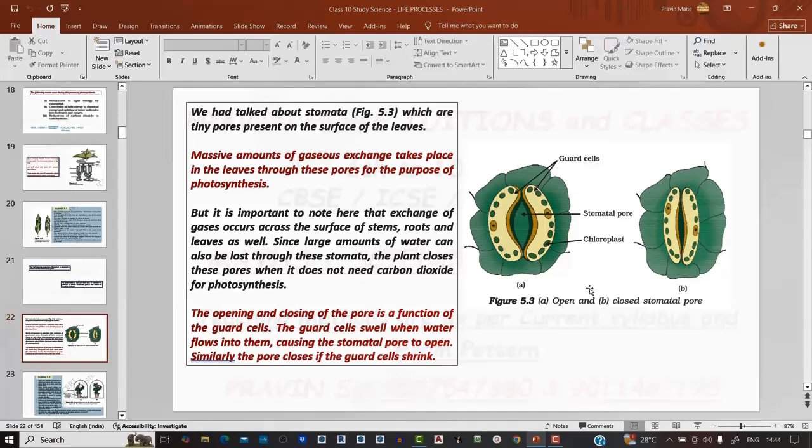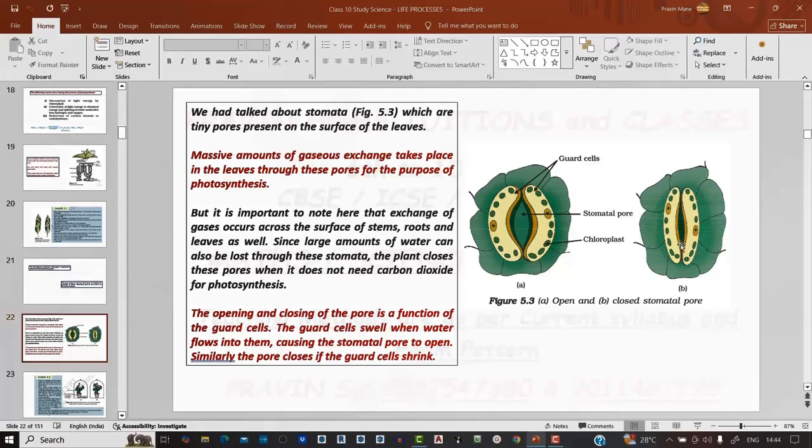But maximum gaseous exchange is done through the stomatal pore. Stomata means leaves. See figure A, figure B. These are the guard cells. This is the stomatal pore, which is in open condition.